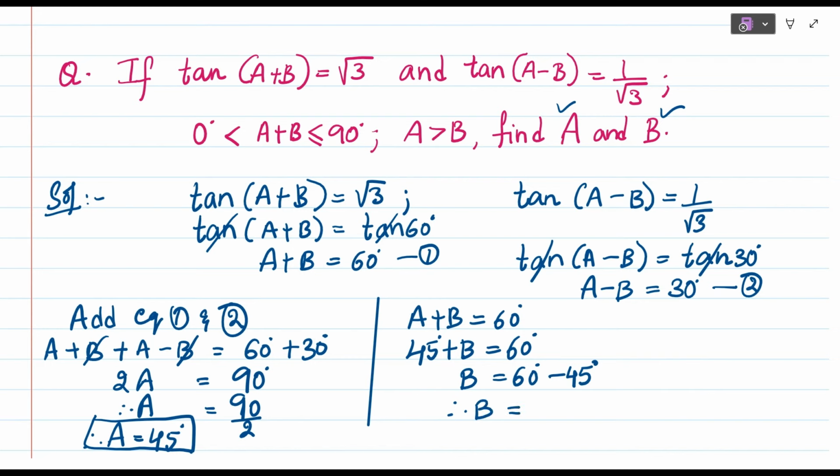How much students? 15 degrees. Understood? So the value of A is 45 degrees and the value of B is 15 degrees. Clear? So here our condition is also satisfied. They have told in the question A should be greater than B. Yes, A is greater than B. Did you understand, students?